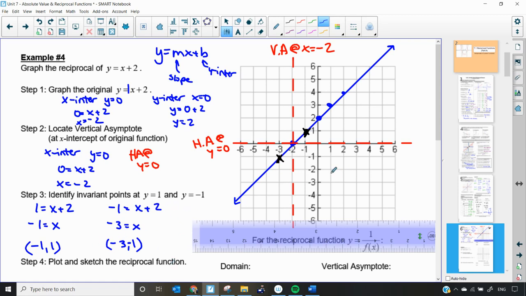Now, remember from before, as the values of the original function are getting smaller and smaller, we're looking in this section right here, so these are small positive y values.